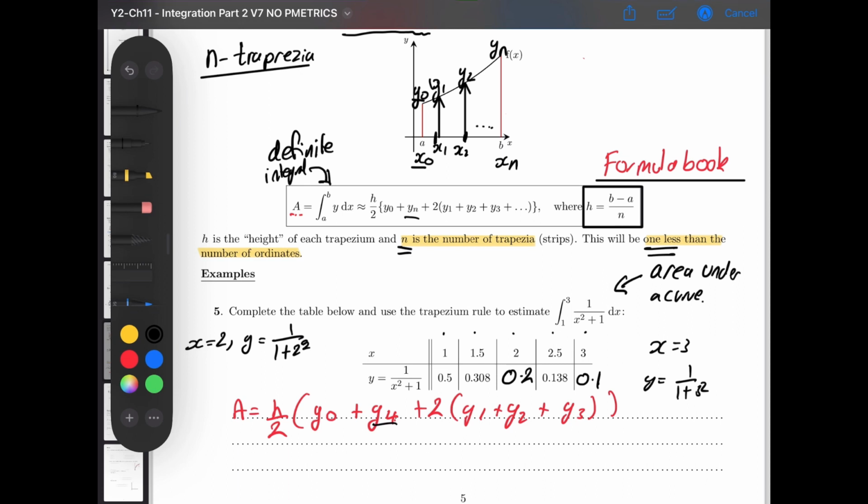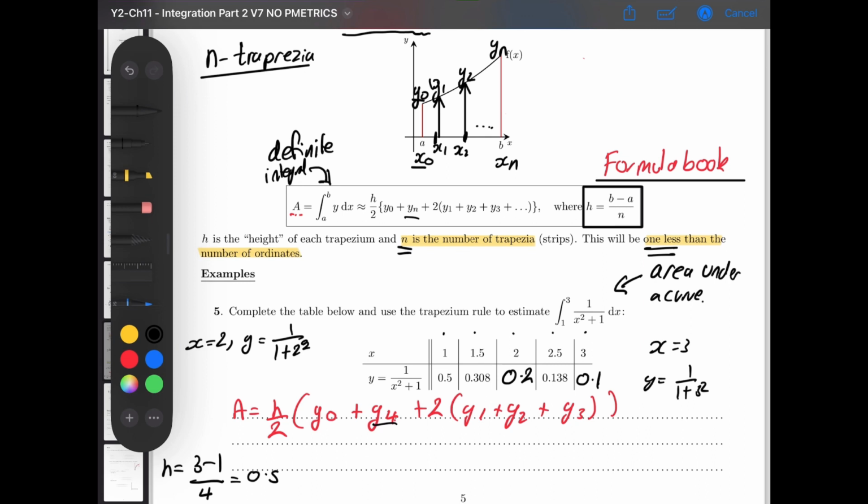If you think about our picture, there is only a trapezium in between the gaps of each number. So there's only 4 trapeziums. So h would equal the total x distance, going from 1 to 3, divided by the number of trapeziums, 4, which equals 0.5.